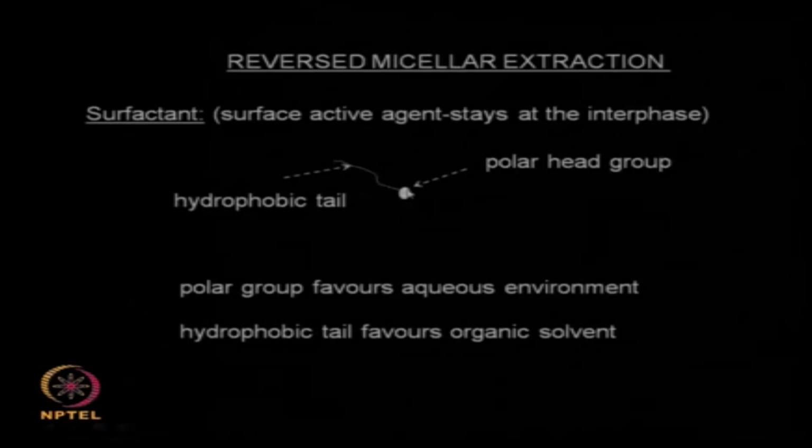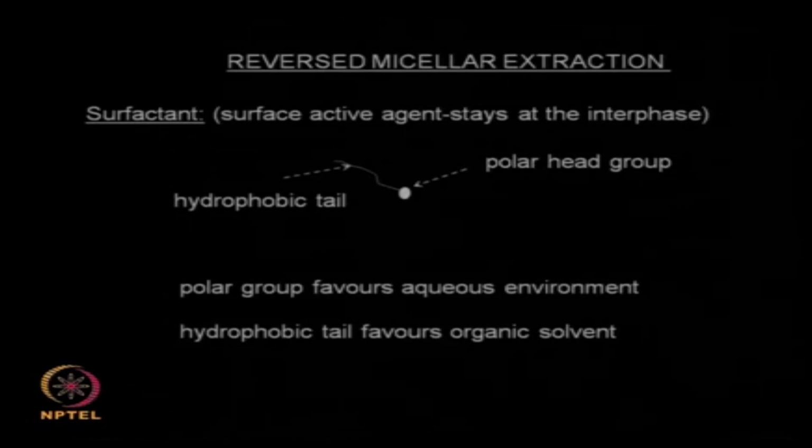A polar head group could be an OH, or a nitrogen, or some sort of an ion, and then it will have a hydrophobic tail. The hydrophobic tail could be a small C8 hydrocarbon, it could be C12, it could be even C18. There are surfactants which have very long hydrophobic tails.